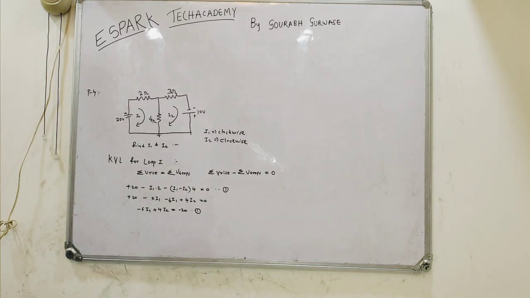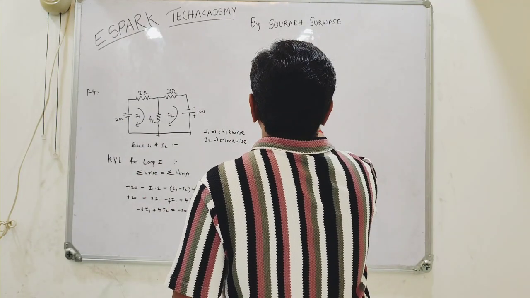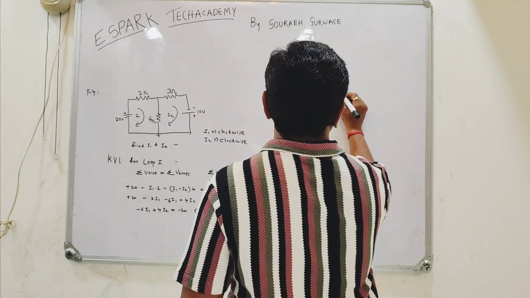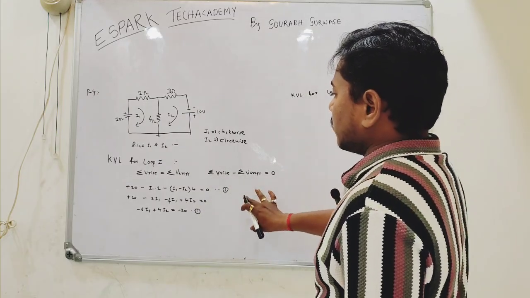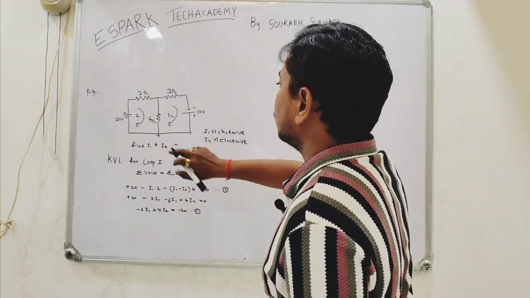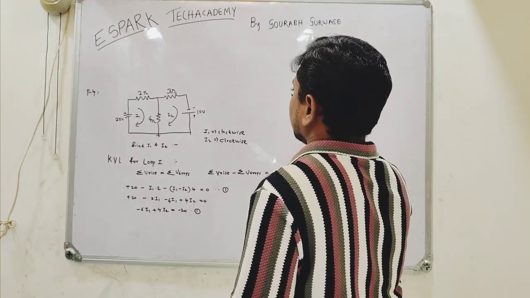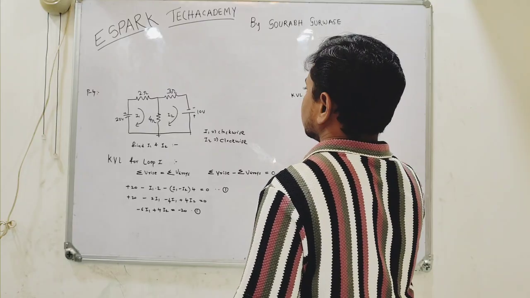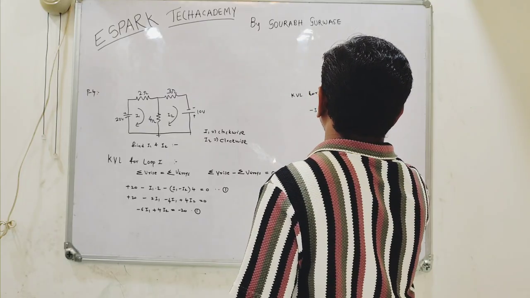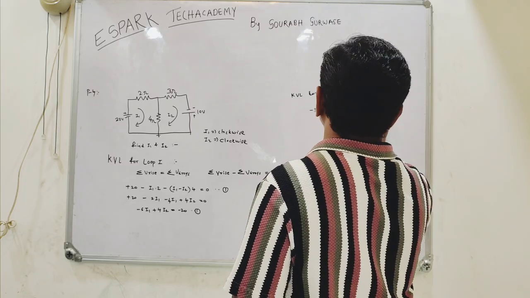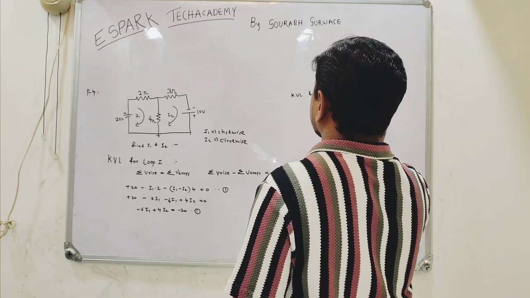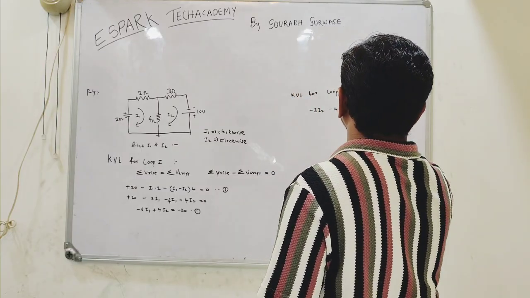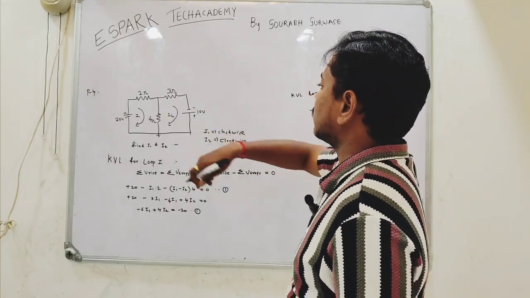Now, when we apply the KVL for loop 2, the same equation we will be going through, just the loop will be different. Hence, when you calculate this, we will get minus 3 I2 minus 4 I2 minus I1, as the current direction will be clockwise.